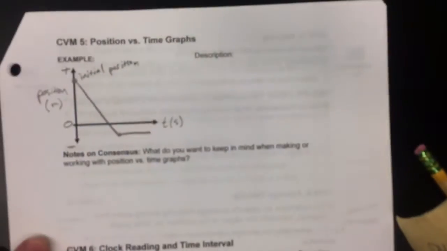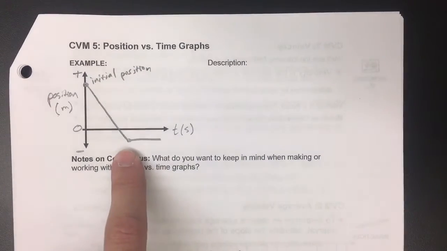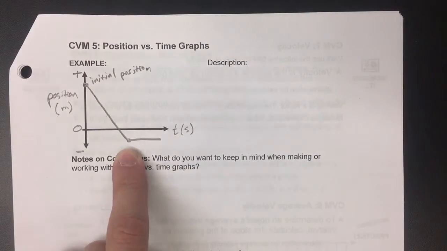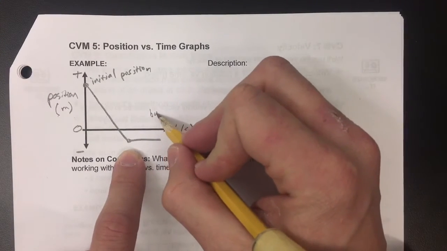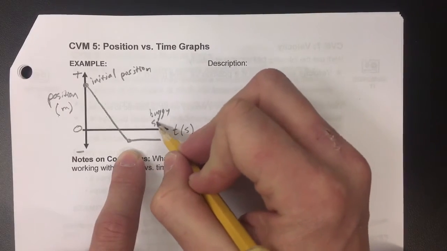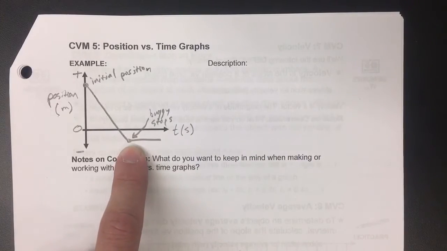We can see that in our graph just by looking at where this graph changes. This is the point where the buggy stops. So I'm going to label that here. I'm going to say the buggy stops at this point.